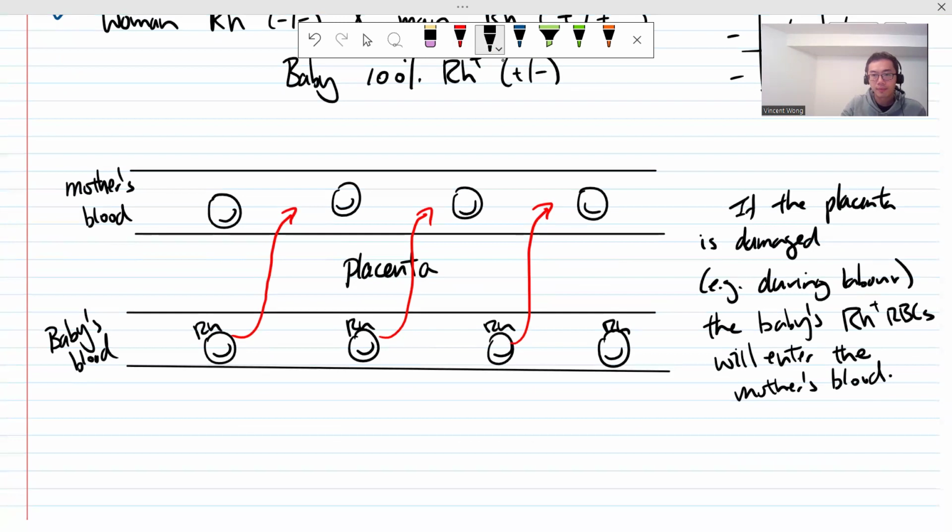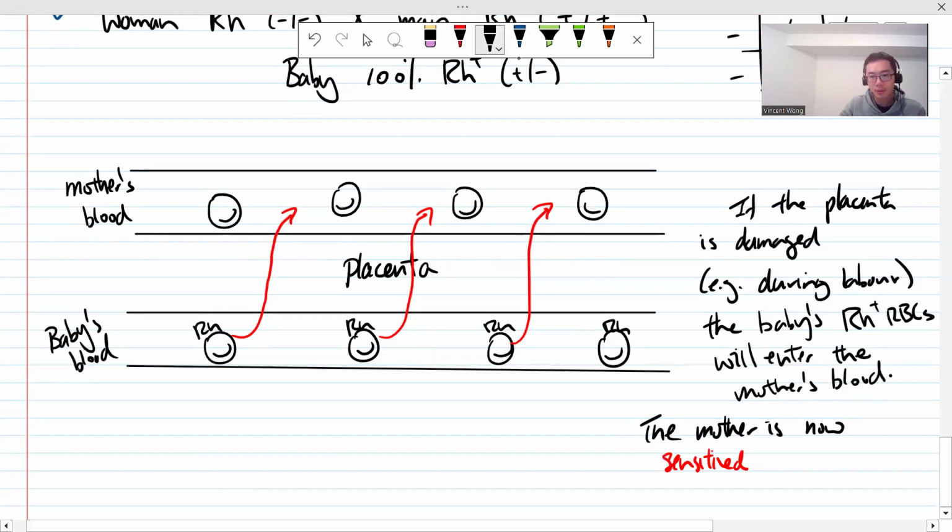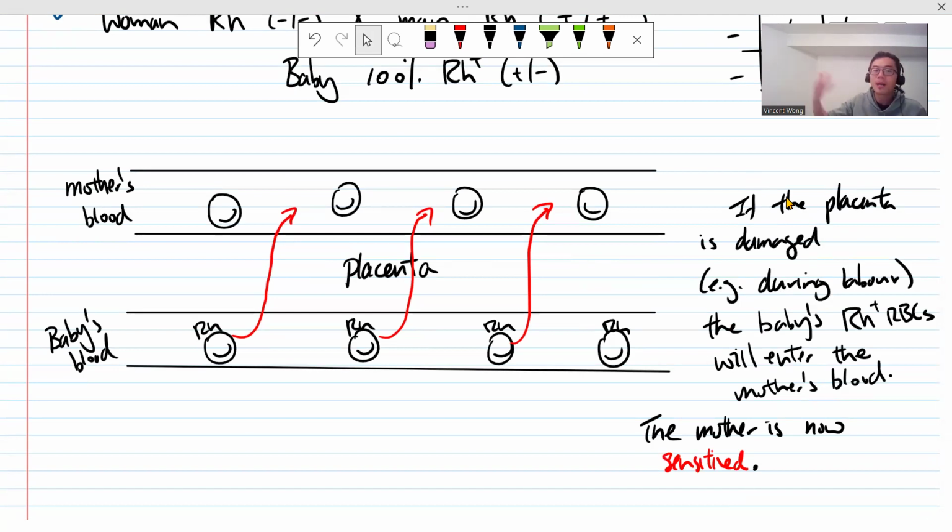The mother is now sensitized. She will make anti-Rh antibodies. Now, is that going to be a problem for the baby? If it happens during labor, do you think it's going to be a problem for the baby? No, because the baby's already out.